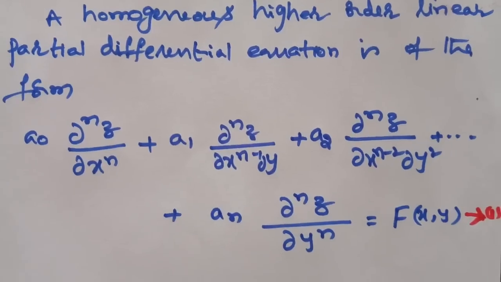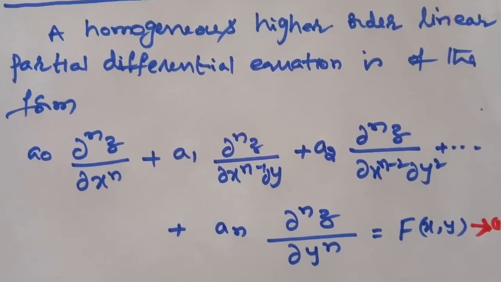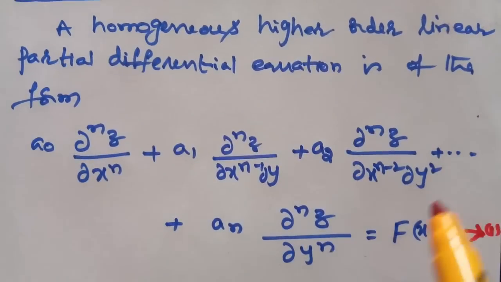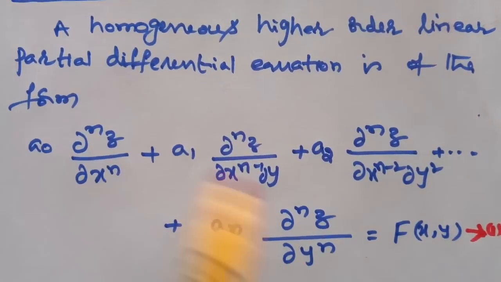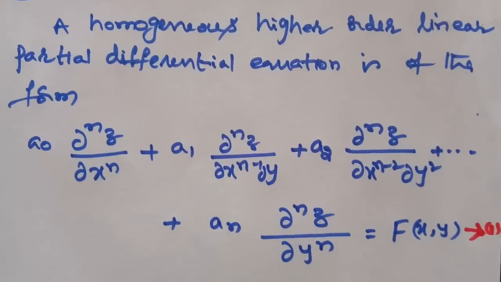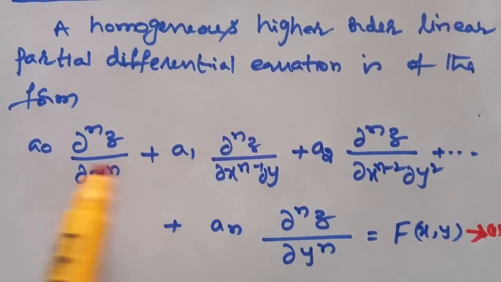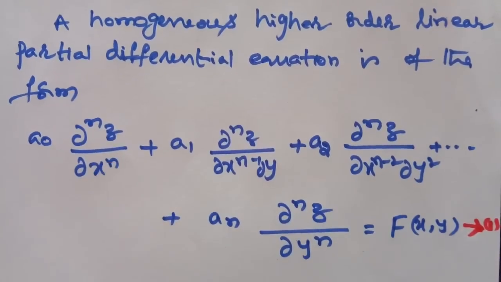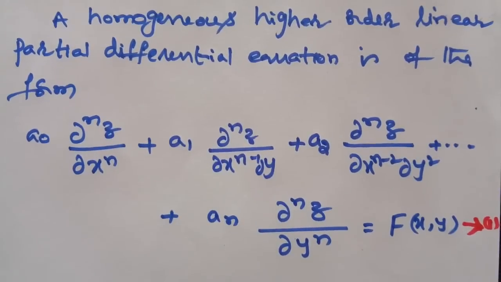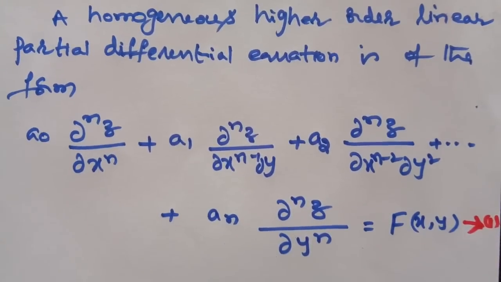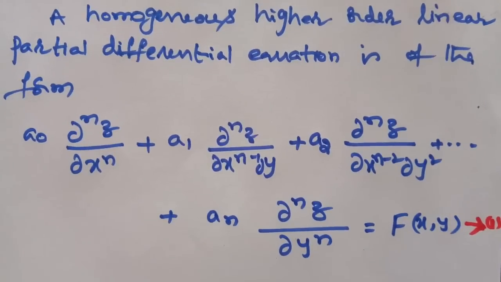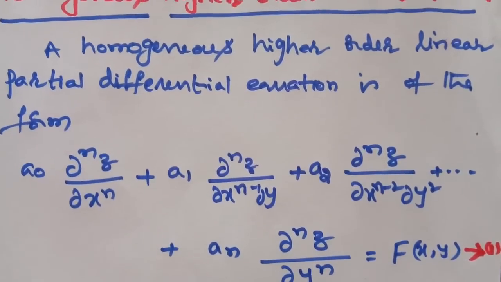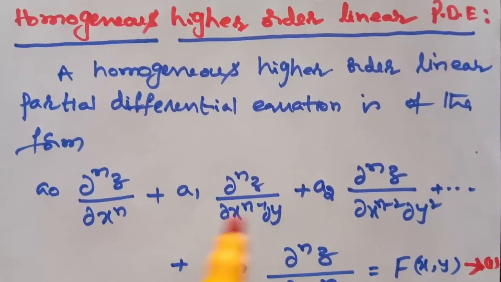In the ordinary case also it is the same kind of definition. So z and its derivatives cannot be multiplied together in this expression. Such expressions are known as homogeneous higher order linear partial differential equations.